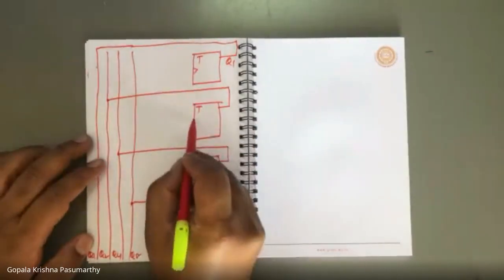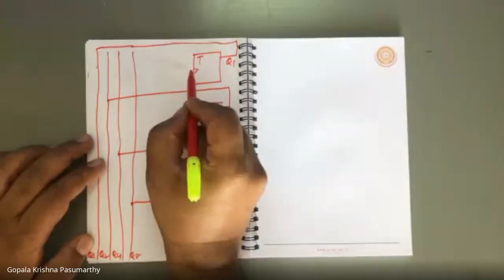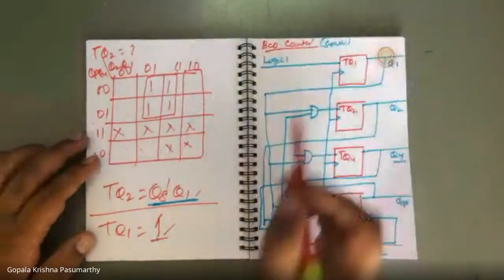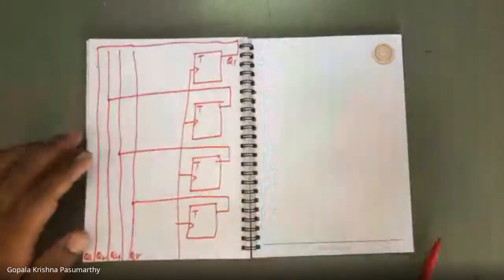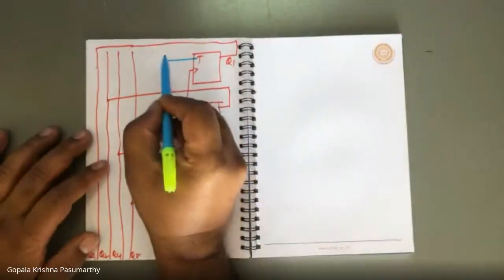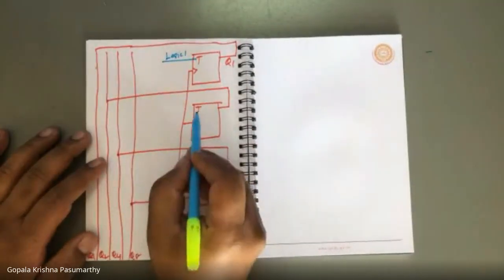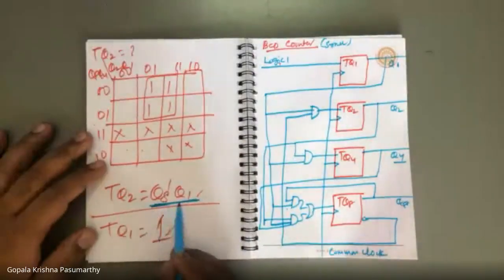Since this is a synchronous counter, all flip-flops receive a common clock. What is TQ1? Logic 1, no change, so this is connected to 1. What is TQ2? Q8 bar Q1.